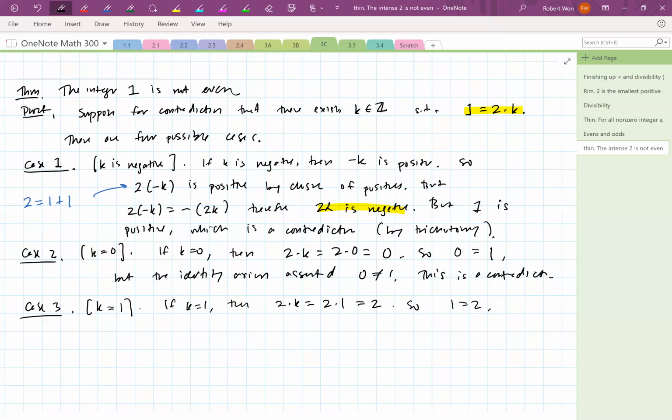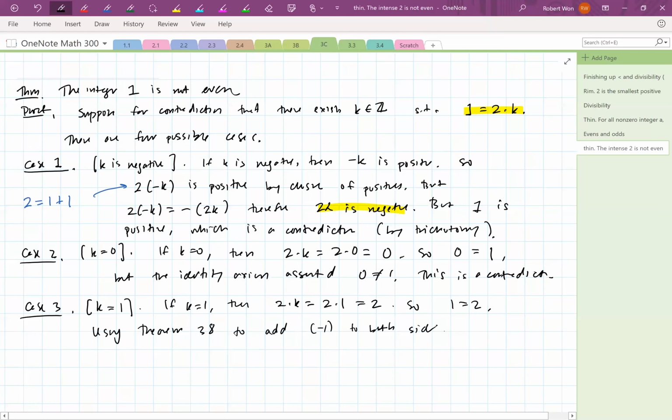But now what I can do is add negative 1 to both sides using a theorem that we proved that you can add the same thing to both sides of an equality. That was theorem 38 in your notes. Adding negative 1 to both sides yields 0 equals 1, which is again a contradiction, as we discussed above.